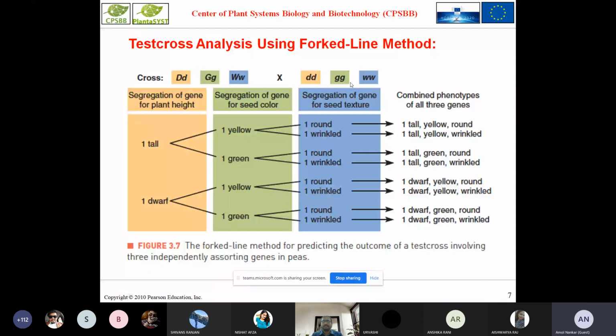So you have heterozygous and homozygous individuals here. What this tells us is that the phenotypes of offspring of this cross depend on the alleles transmitted from the heterozygous parent, and can be predicted using the test cross. So this is the take home message.